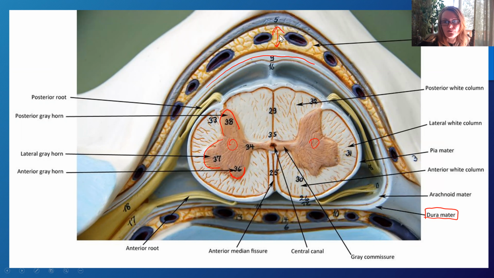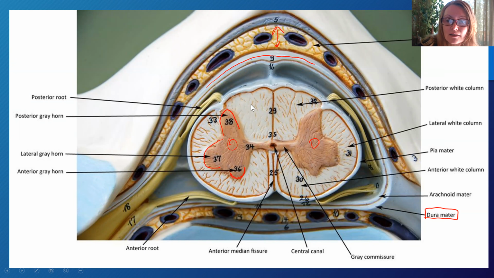If you have heard about an epidural, it's when medication is administered in this epidural space. It's an anesthetic, so you don't have sensation coming to your brain, right? So that's an epidural.